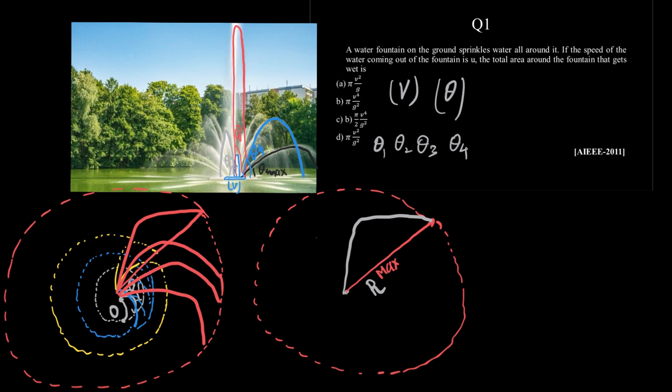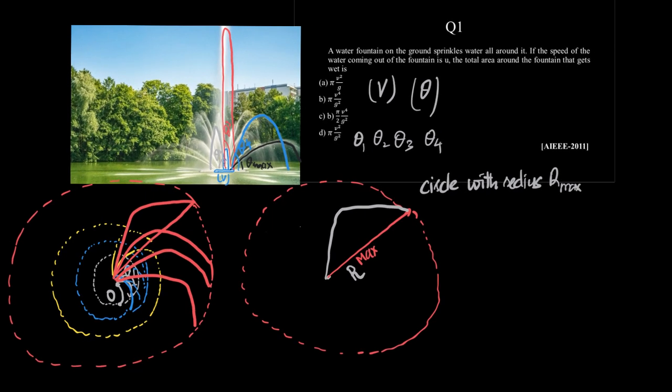And the area represents a circle with the radius to be r max. Now what is the area then? The area is then equal to pi into r max square.